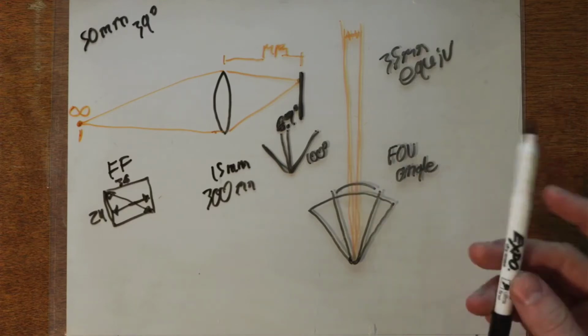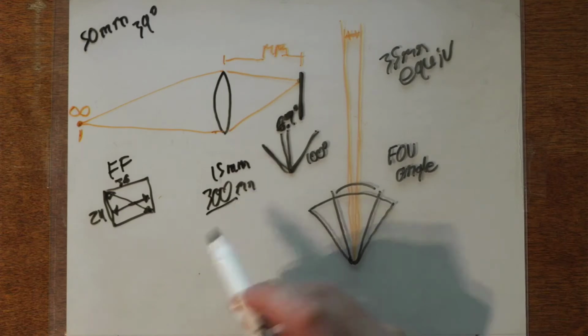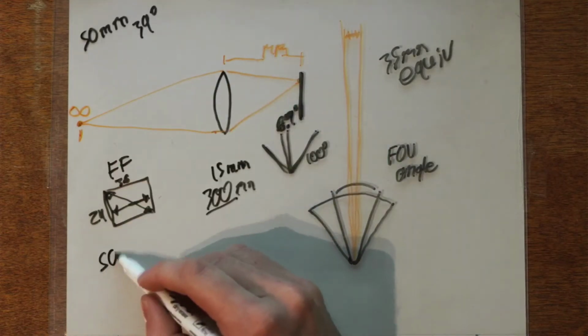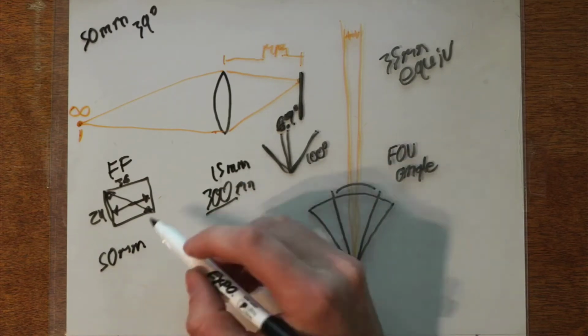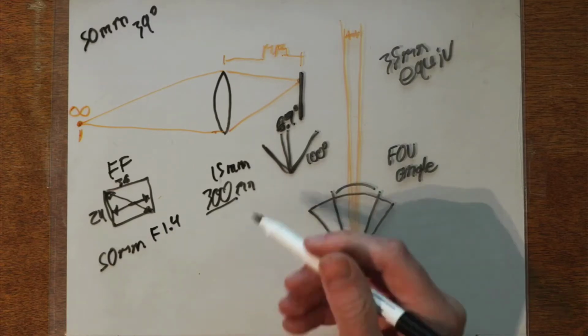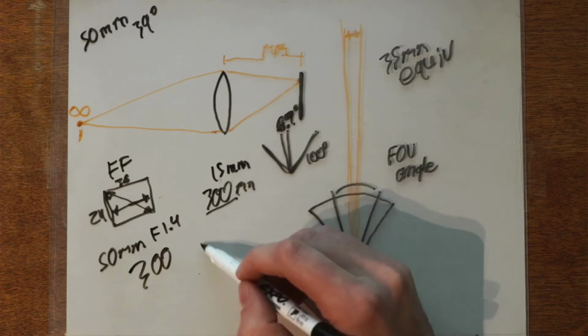Another thing to think about when we're working with this is that as we increase this number, if I have our 50 millimeter lens that's f1.4, well, I want a 300 millimeter lens that's f1.4, so I want 300 f1.4.